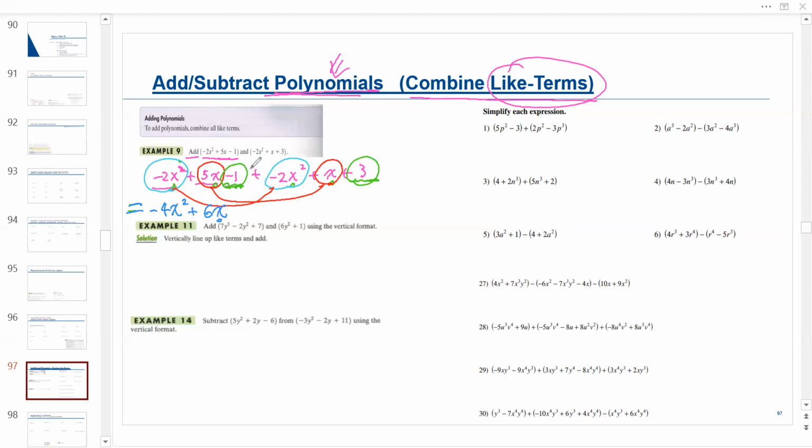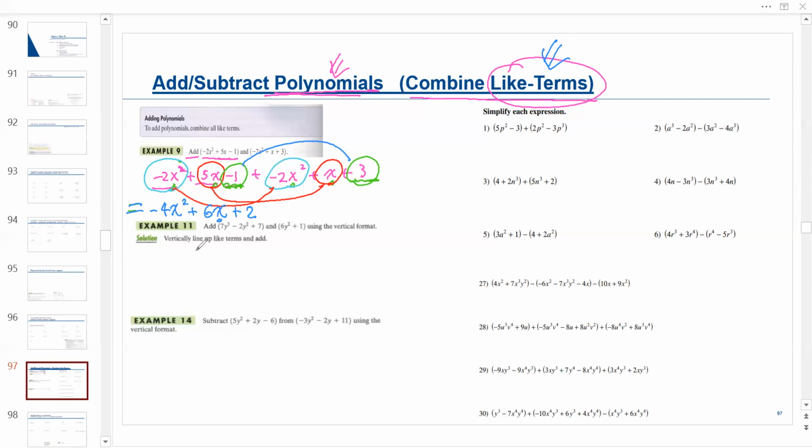And the last one, these are like terms, both of them are constant numbers, right? The degree is 0. So you can get negative plus 2, right? So when you have multiple terms and try to simplify, we need to find the like terms first, and then simplify, right?